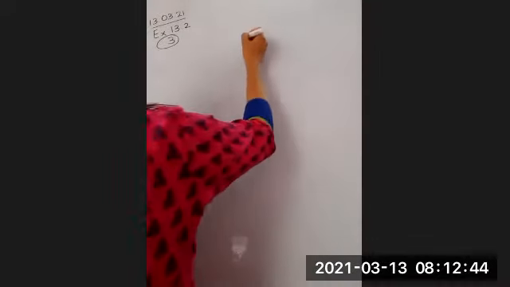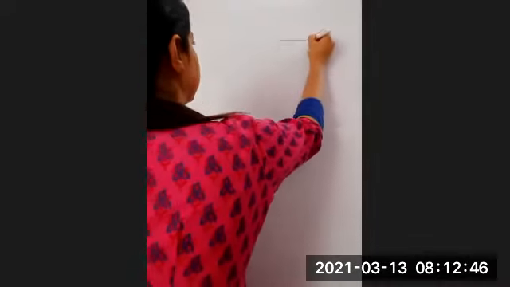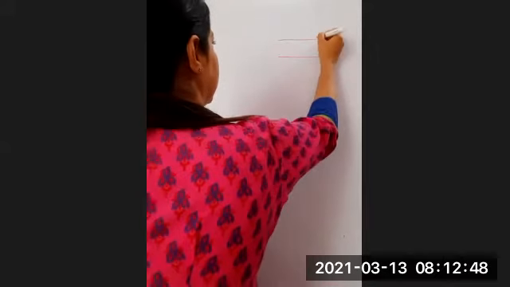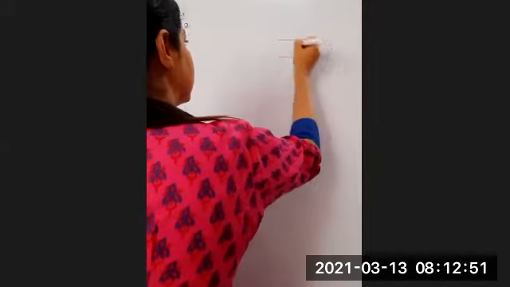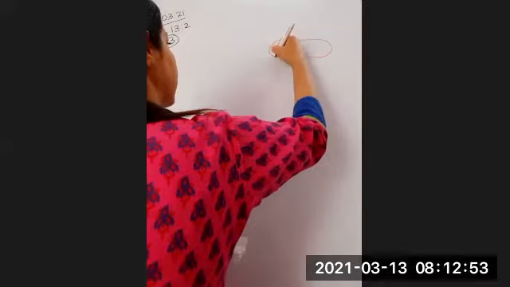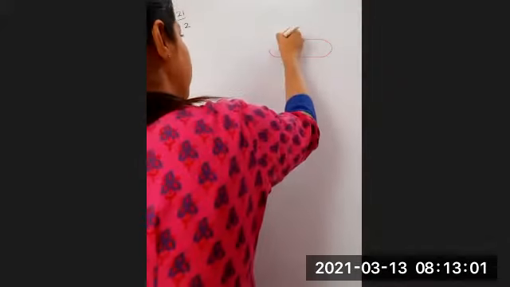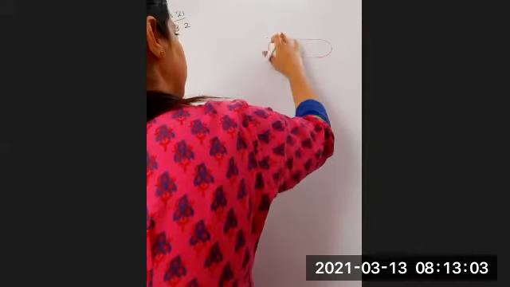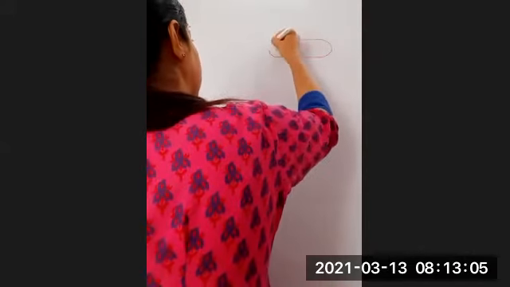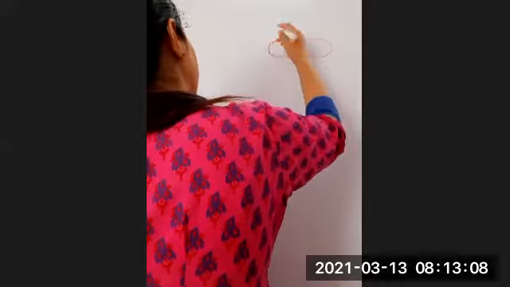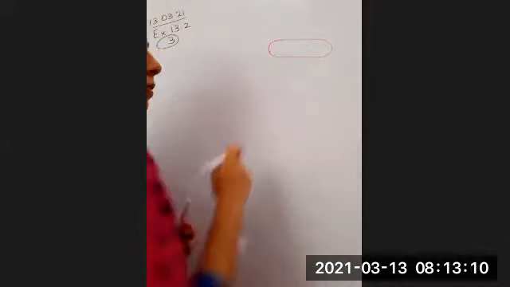The shape of the gulab jamun is cylindrical with two hemispheres attached to both of its ends. Yes, beta? Okay. So these are the two hemispheres attached to the two ends. According to you, what will be the volume of one gulab jamun?